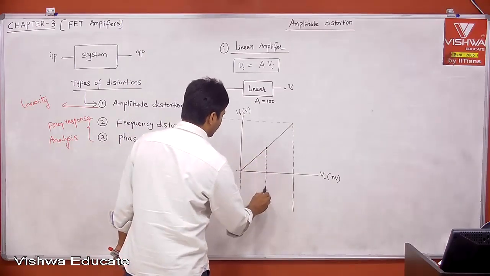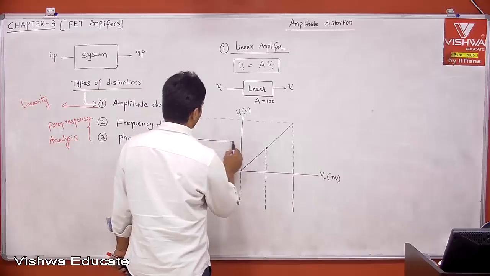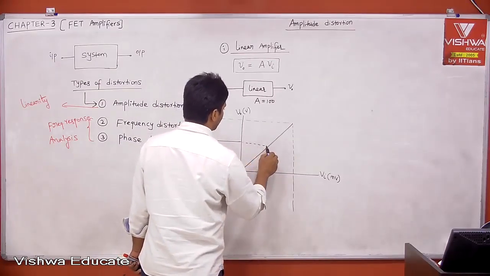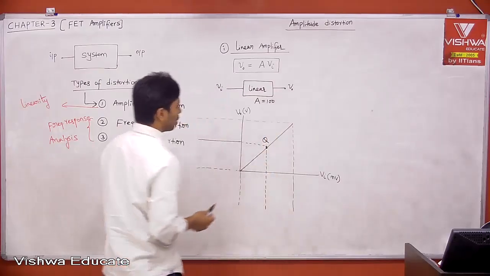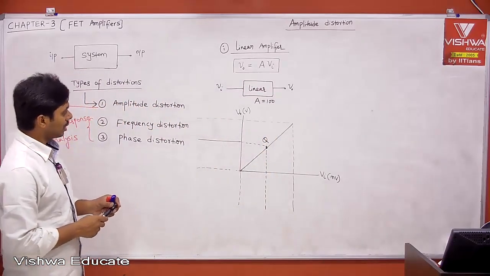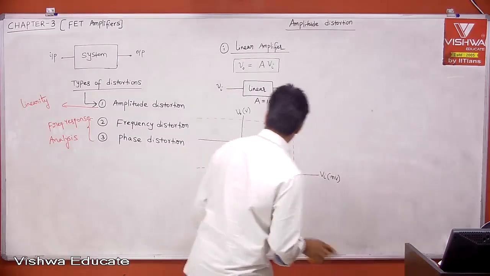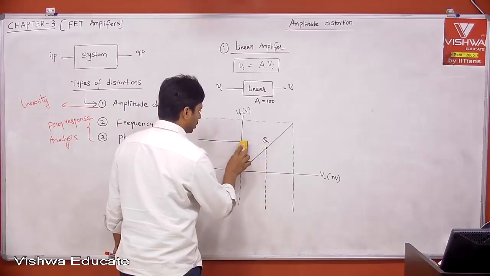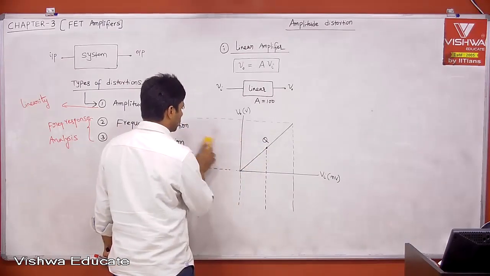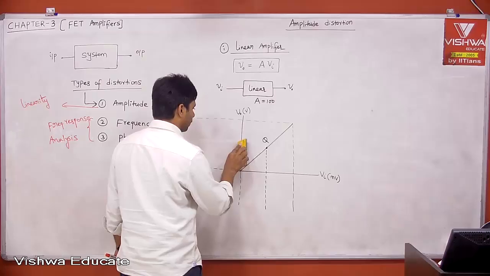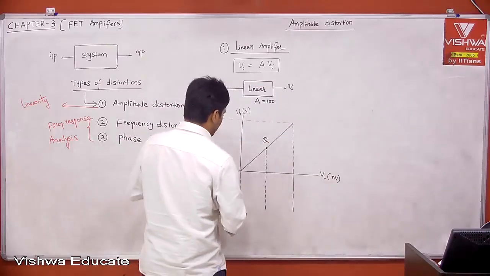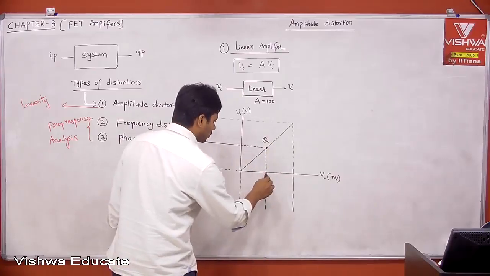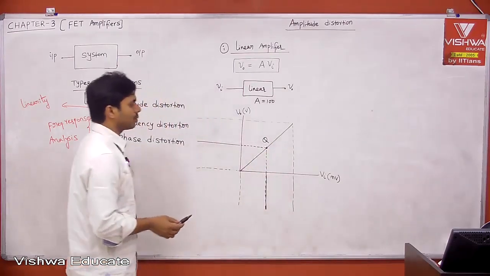Let us define the operating point. When the input is defined with some bias voltage, the output is also defined with some bias voltage. This is what people call the operating point, Q. This is the input DC voltage, let us say the input bias voltage.